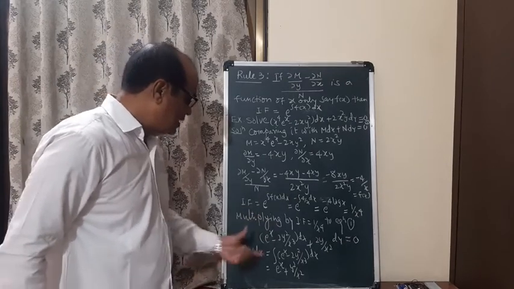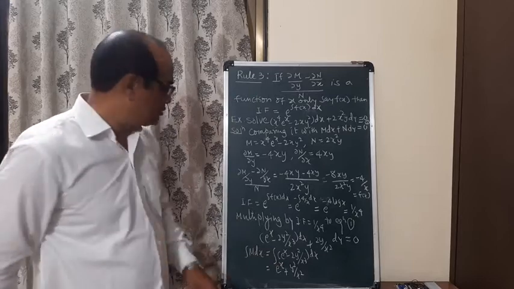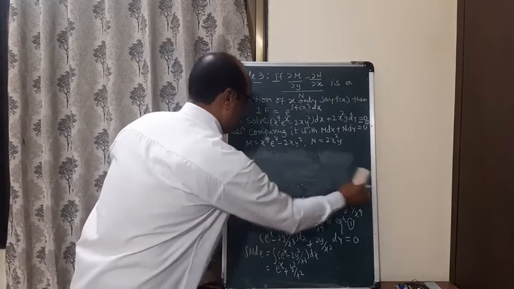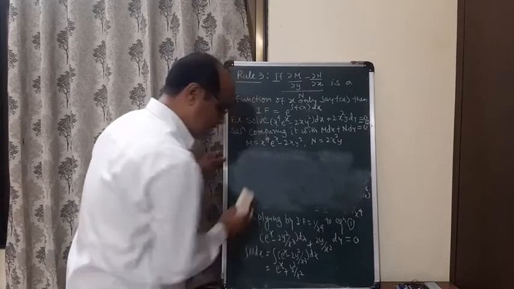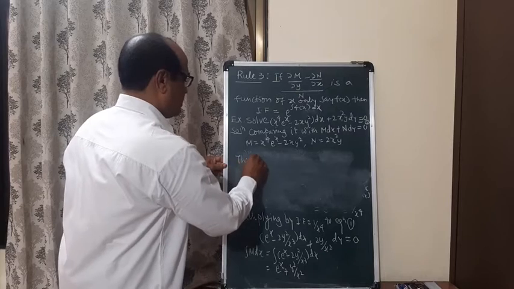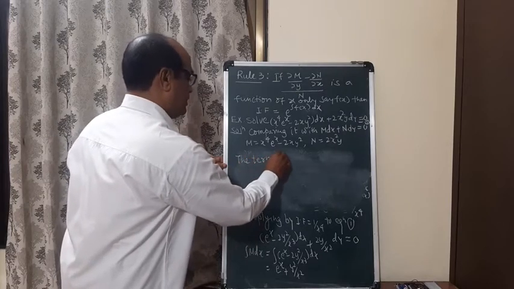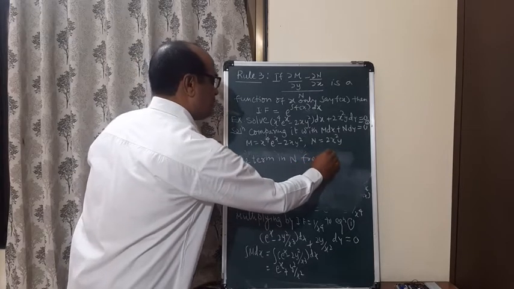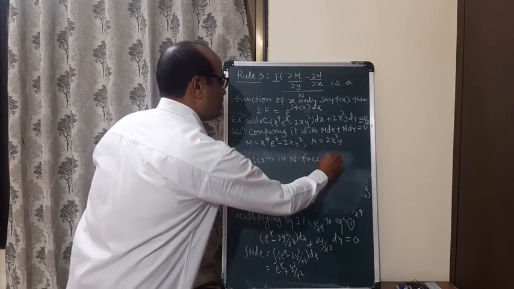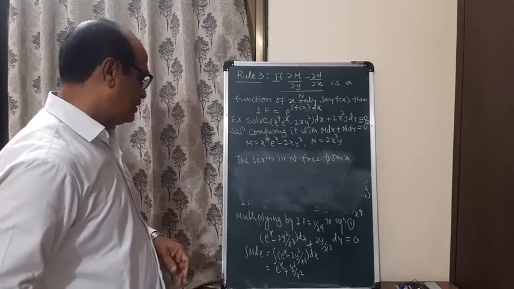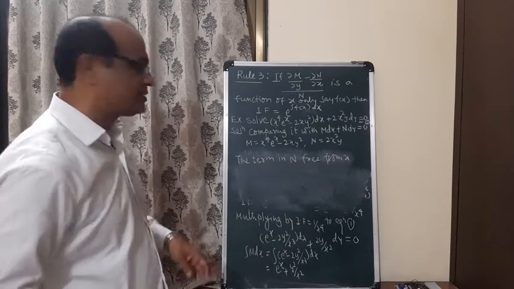What is the next part? This is one part of the complete solution. Next part, the term in N free from x. The term in N free from x is 0.